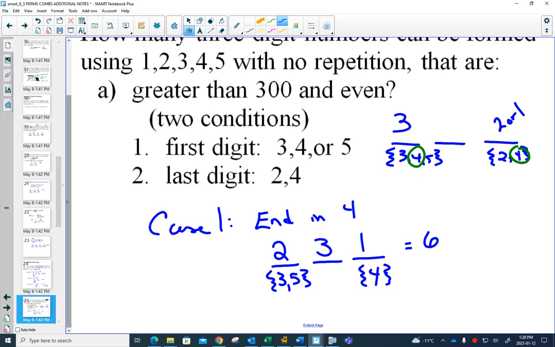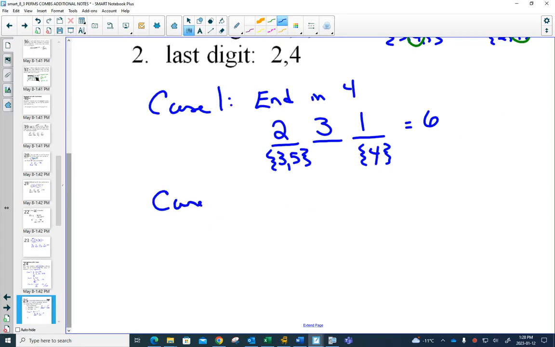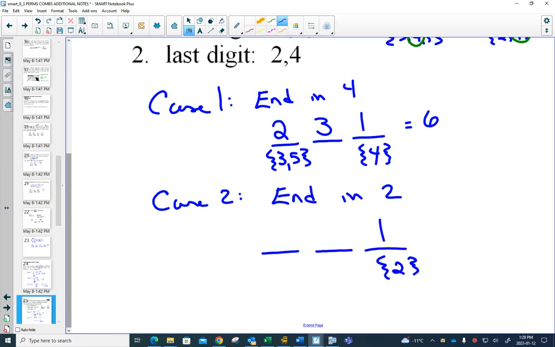Case 2, what haven't we counted? We haven't counted the ones that end with a 2. So now, if we count the ones that end with a 2, I'm making 1 choice for that one, but then my first digit could be the 3, the 4, or the 5, giving me 3 choices.